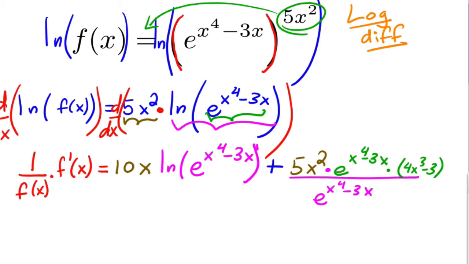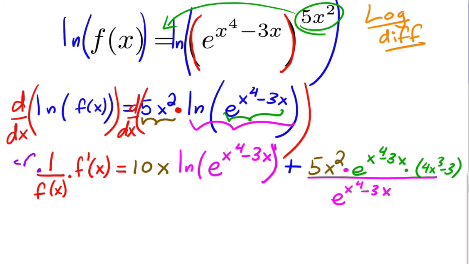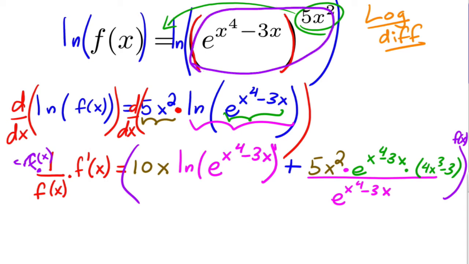Okay, notice, we're pretty much done here. We would multiply both sides now by f of x, and then f of x is simply my original function right here. But I want you to notice something interesting. I did it on purpose just to see if you guys would notice.